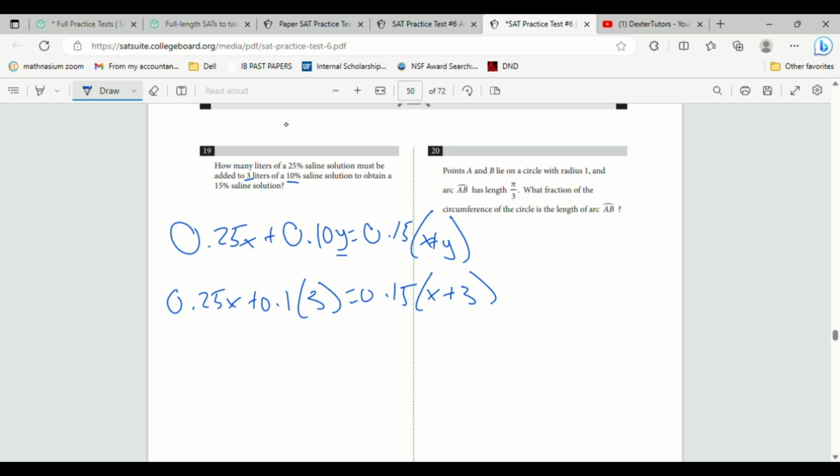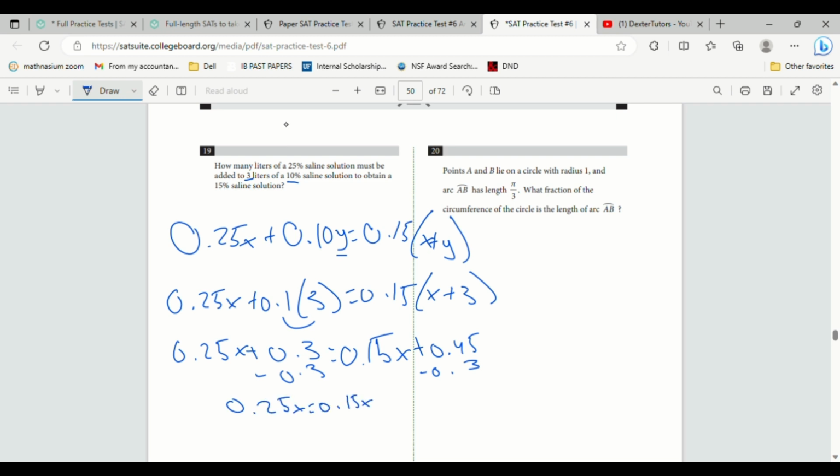Now we can simplify that, so 0.25x plus 0.3 equals, we can distribute this 0.15 to the x and the 3, 0.15x plus 0.45. Subtract 0.3 from both sides, 0.25x equals 0.15x plus 0.15. Subtract 0.15x from both sides.